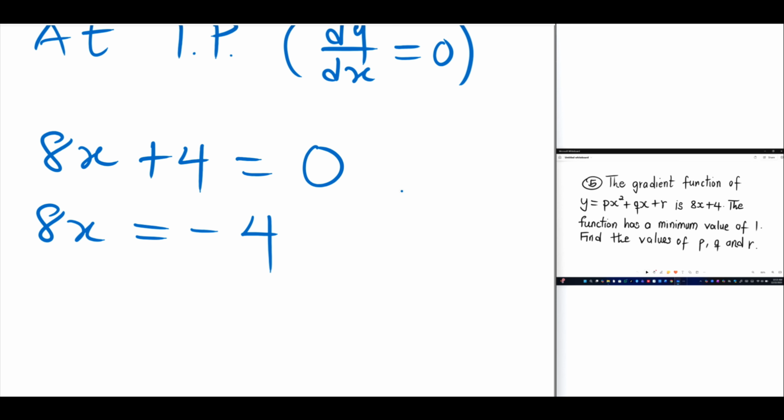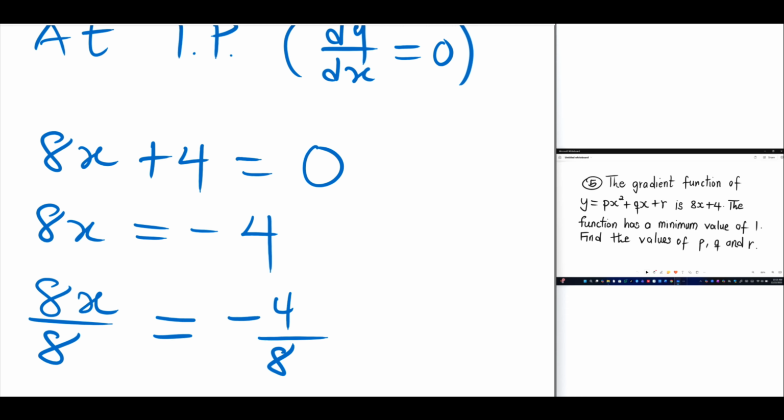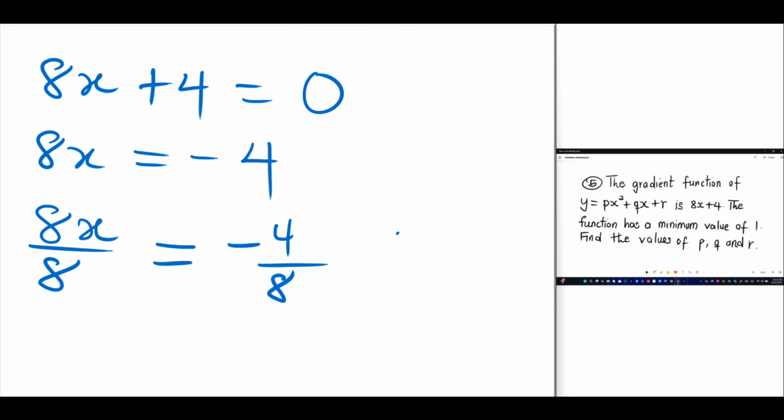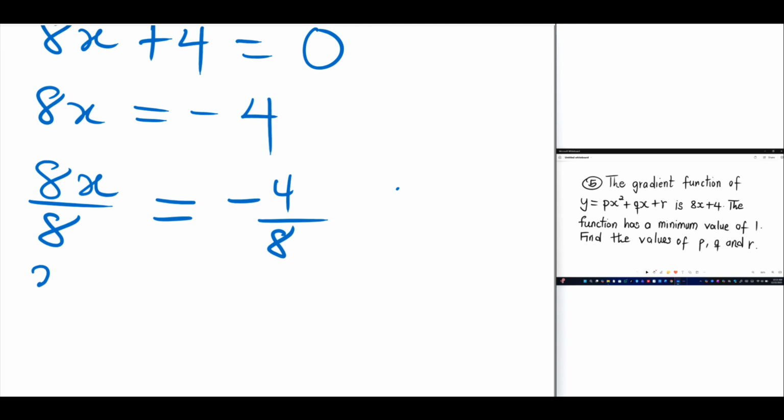Divide through by the coefficient of x. We divide by 8, and negative 4 is also divided by 8. So we get x is equal to negative half.